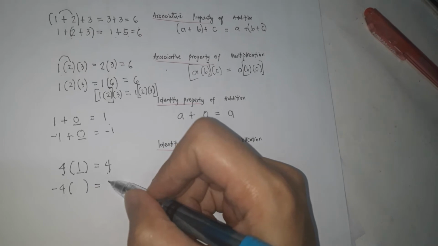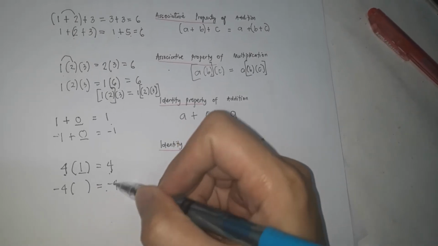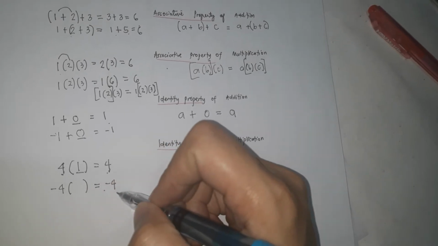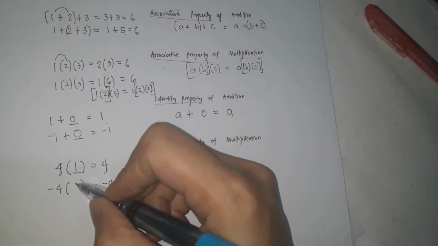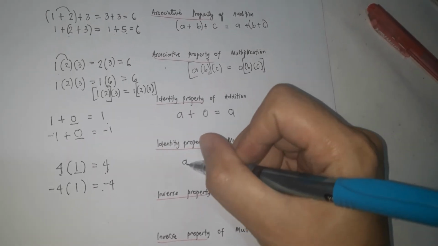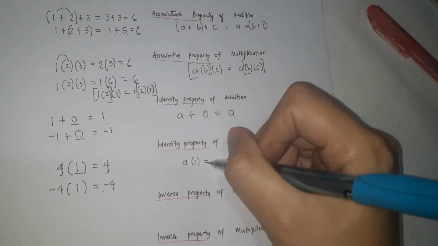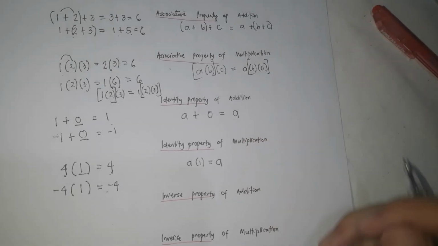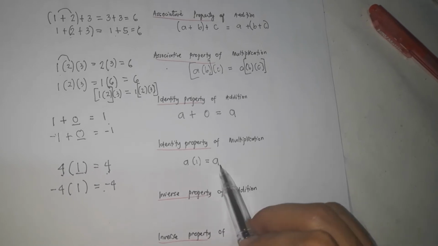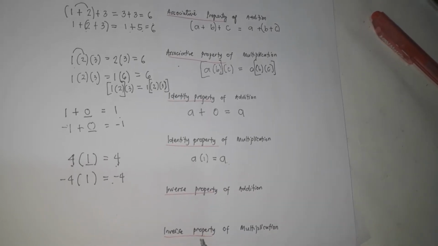It will have the same result. What number are we going to multiply with negative 4 so that the answer will be negative 4? It's still 1. So the identity property states that if you multiply a number by 1, the result would be that number. That's the identity property of multiplication. It's identity because they have the same result.